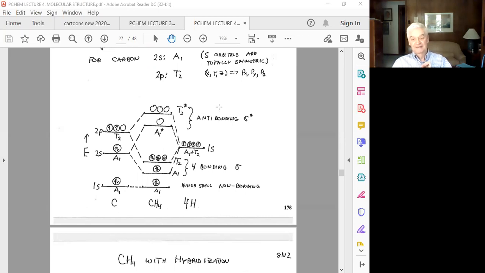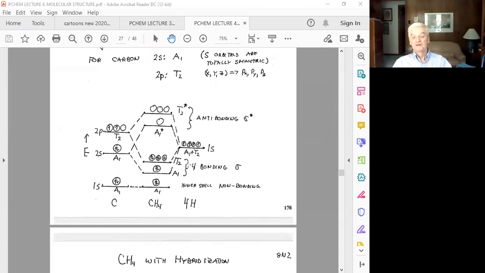Okay, so I trust that might be a bit confusing, but maybe if you see a couple more of these examples, you get a sense of how this works. Now, some of you no doubt might be asking, well, what happened to sp3 hybrids? So notice that our 4 bonds come from these 4 orbitals that we have in the molecular orbital diagram.